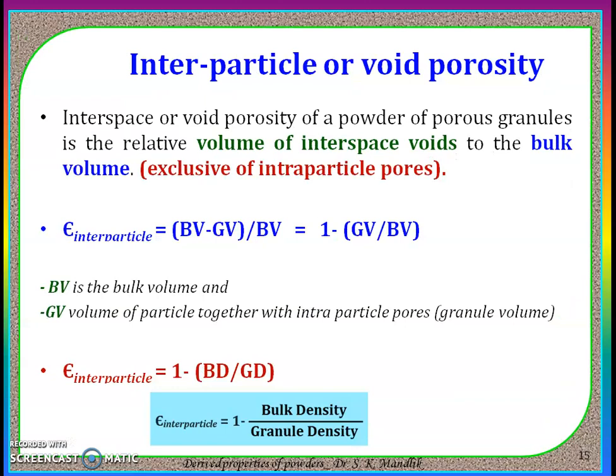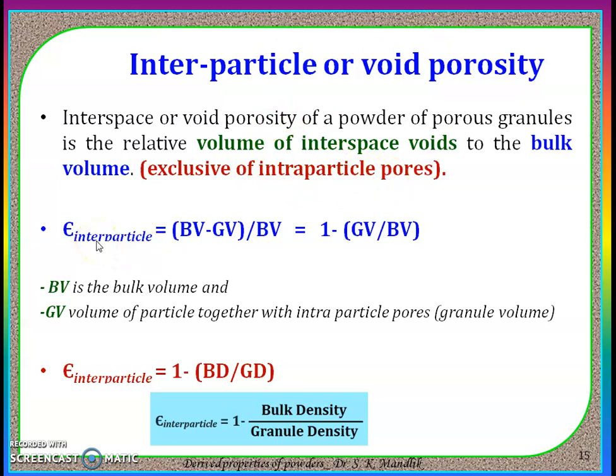What is interparticle porosity, which is sometimes also known as void porosity? Interspace, the void porosity of powder of porous granules, is the relative volume of interspace void to the bulk volume, which is exclusive of intraparticle pores.